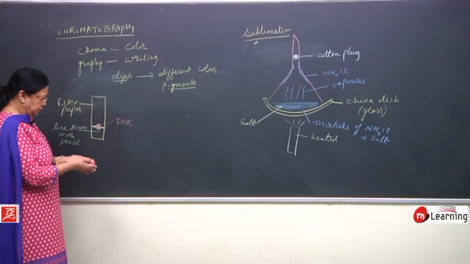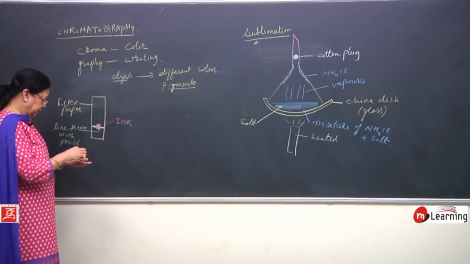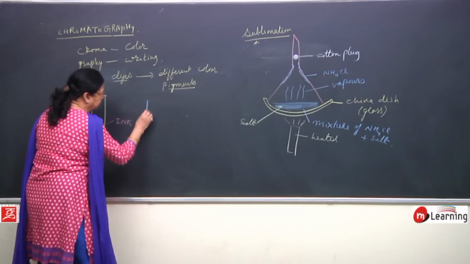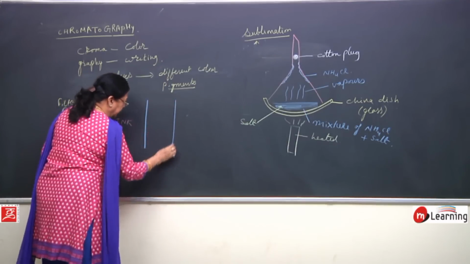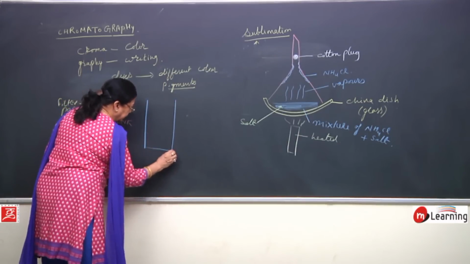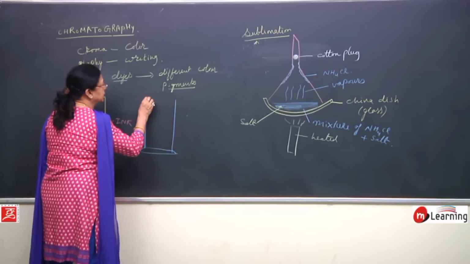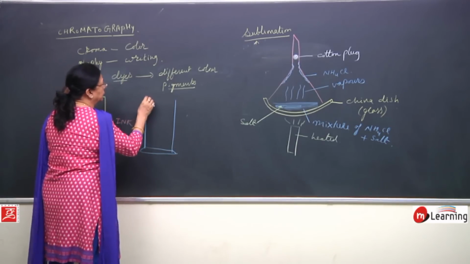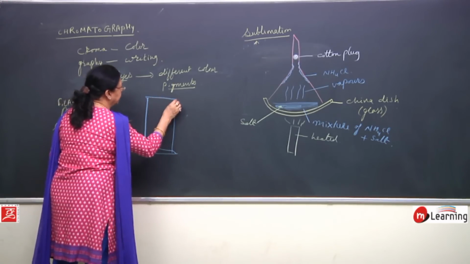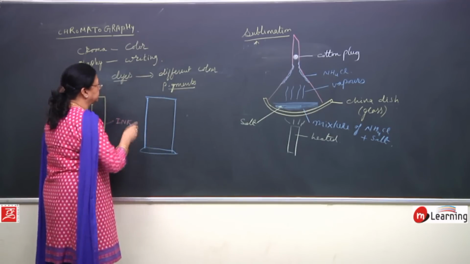Now, this strip of paper is taken in a glass jar. This is the glass jar, and on the top of this glass jar there is a glass rod.